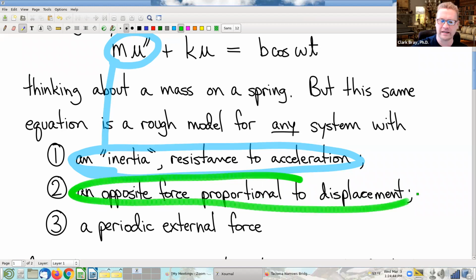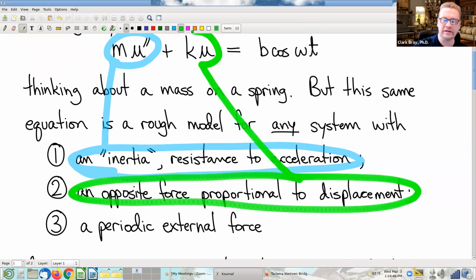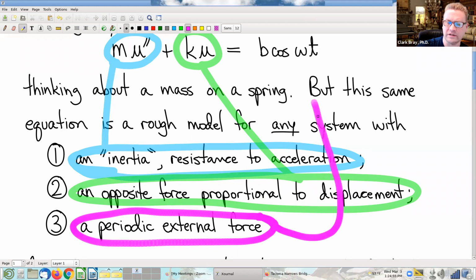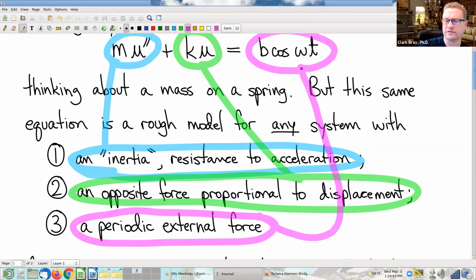Any system that has such a thing will create a term kind of like this, right? And then likewise, periodic external forces. Now, this external force here is literally sinusoidal, but periodic, more general, is still structurally kind of like this.